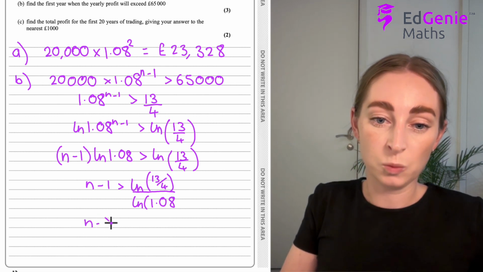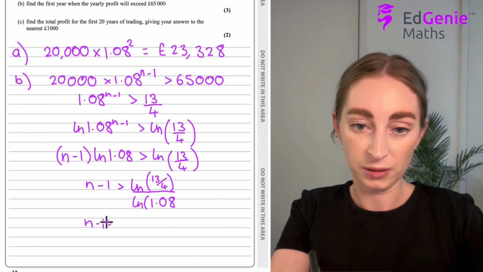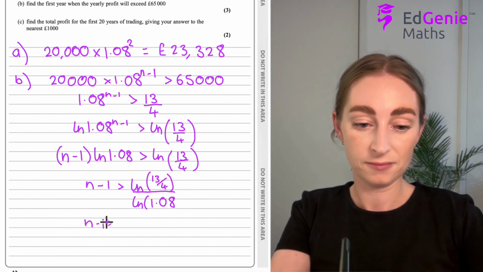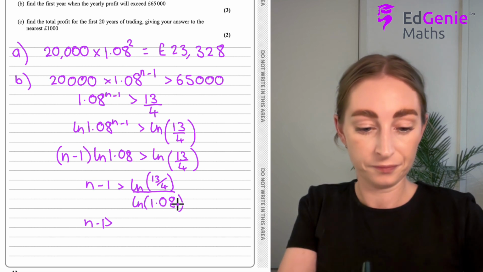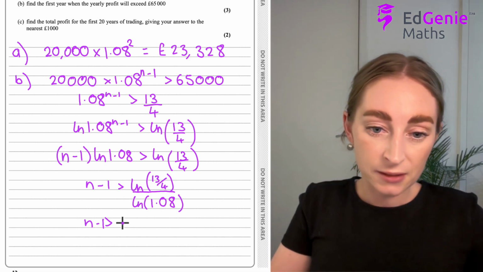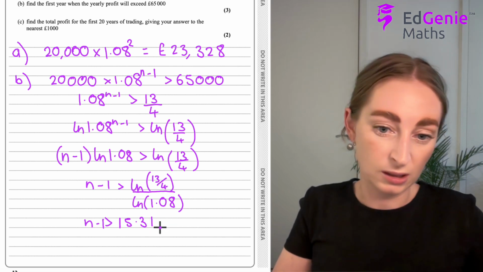So n minus 1, put this whole thing into our calculator. Oh, I didn't close my bracket. That's given me 15.31.